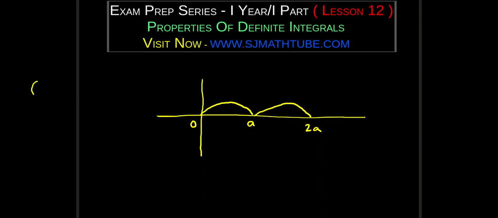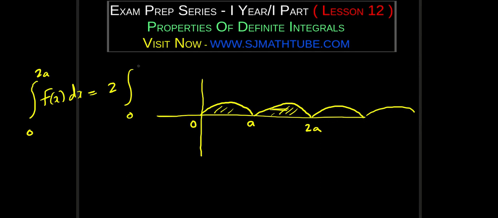And if you integrate from 0 to 2a, and remember, this is kind of symmetric. So the function keeps on popping up like this. So integral 0 to 2a f of x dx in this case will be 2 times integral 0 to a f of x dx.